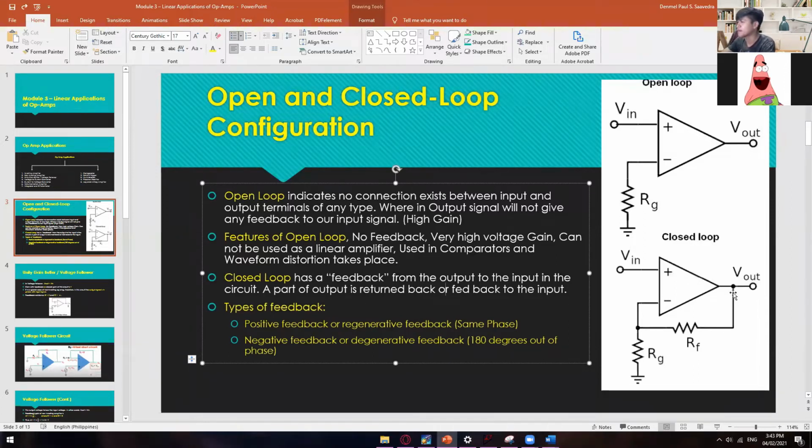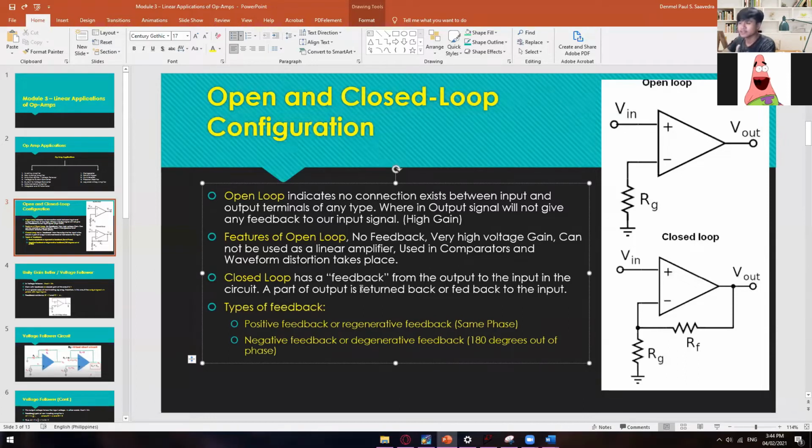Instead of having all the output on the V out, some of it will go to our inverting input. So this is our V in, and this is our inverting input. It's like dividing the total gain of this certain amplifier.